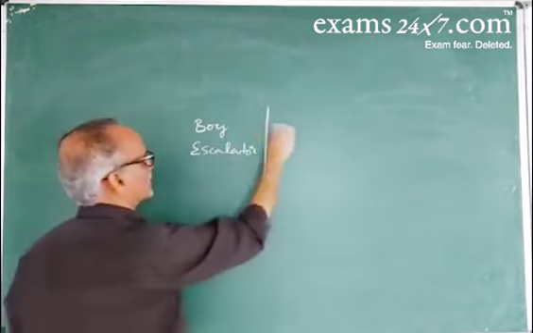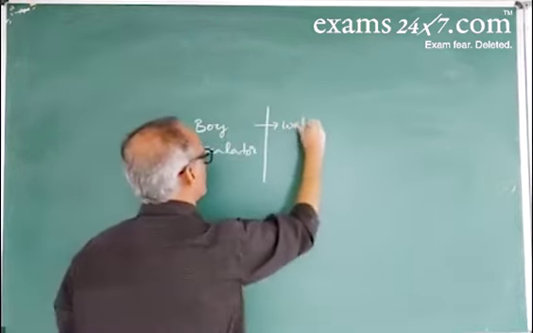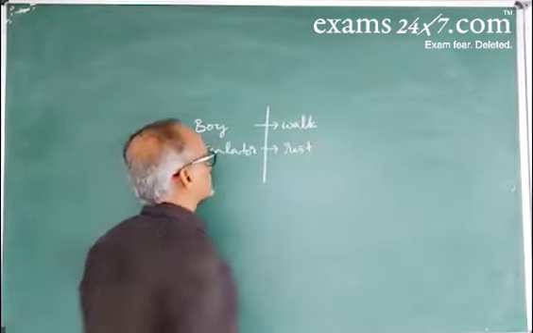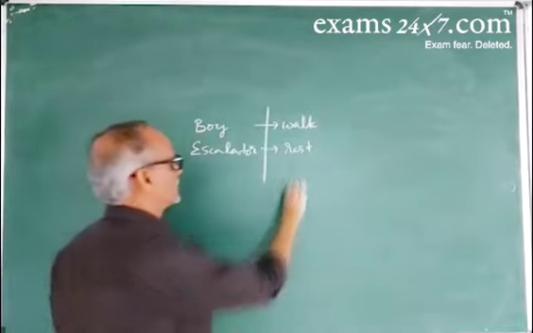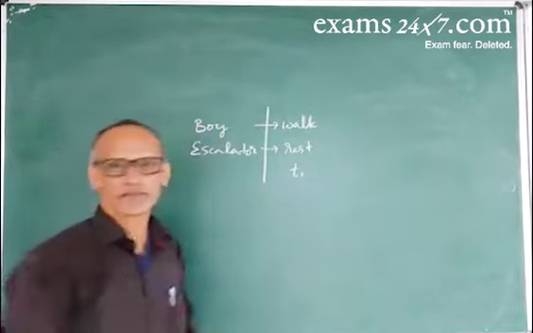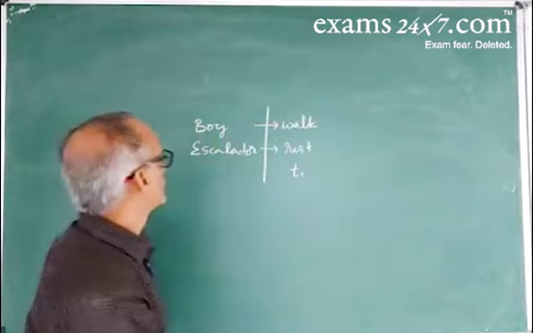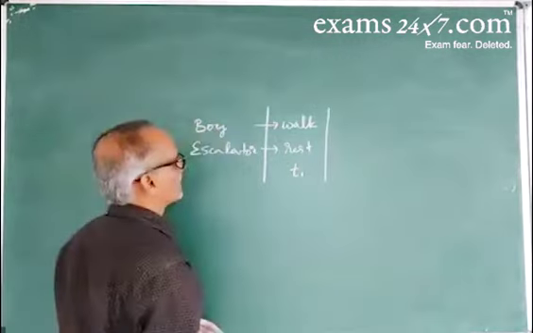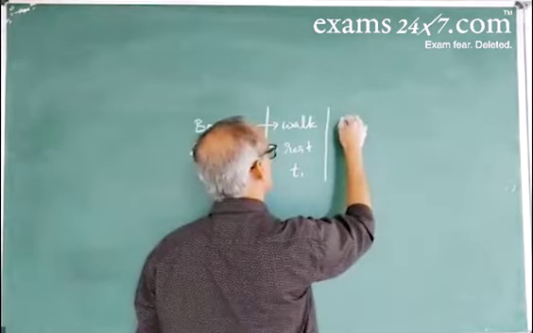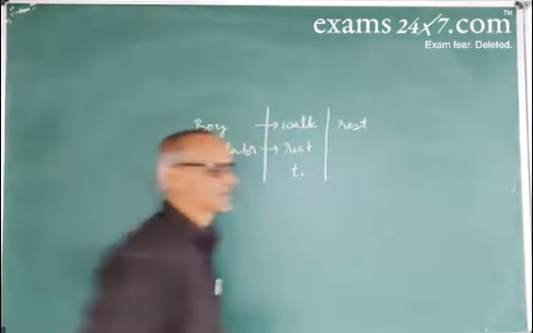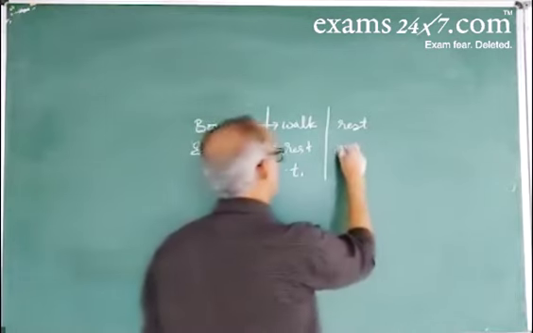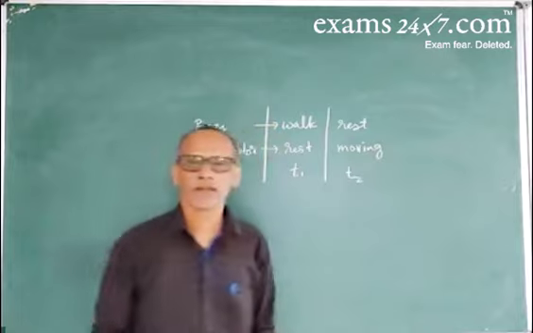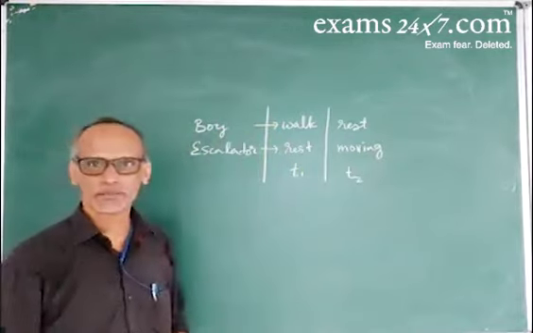First, the boy walks on a stationary escalator, and it takes time t1 to reach the next floor. In the second case, the boy remains at rest on a moving escalator, and it takes him time t2.